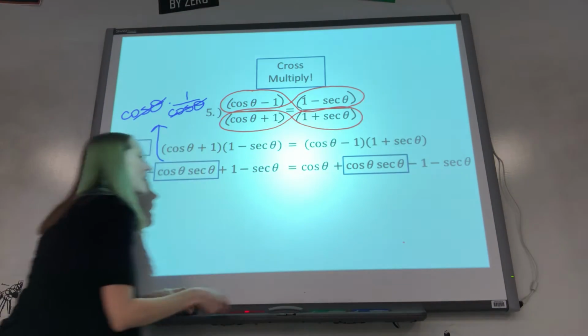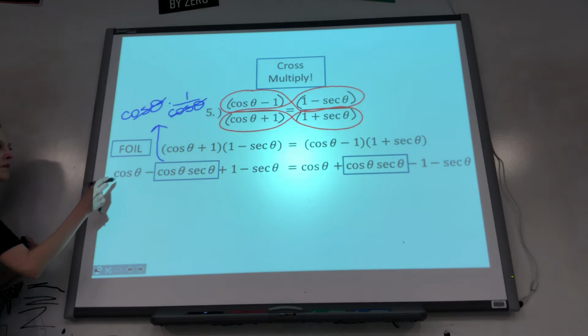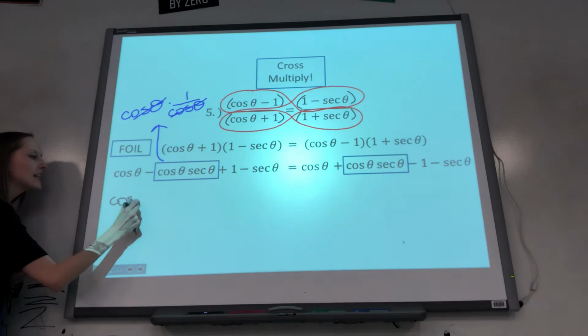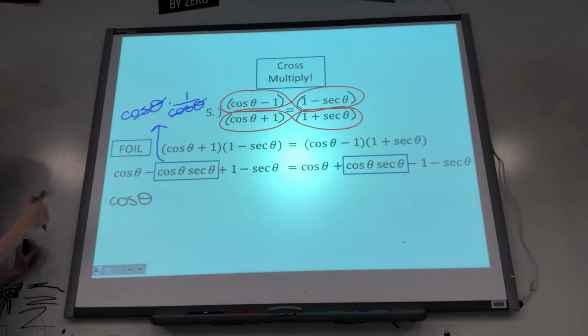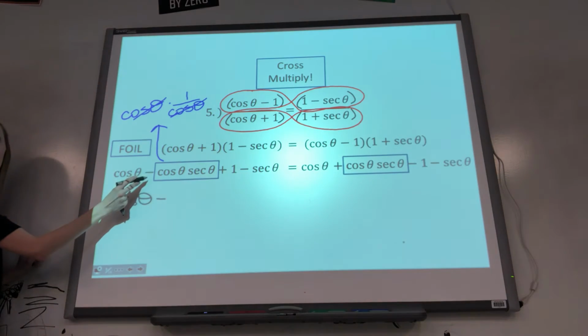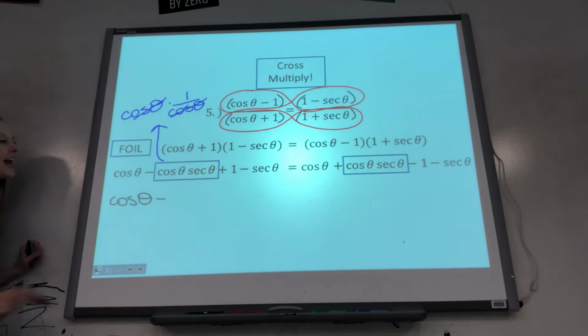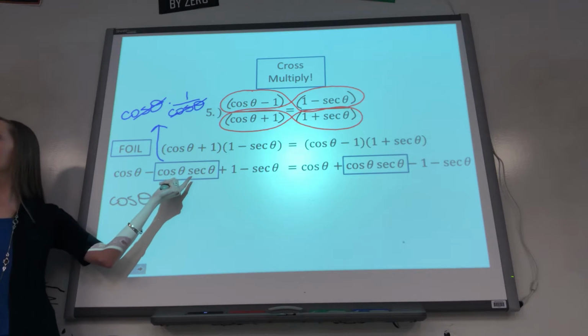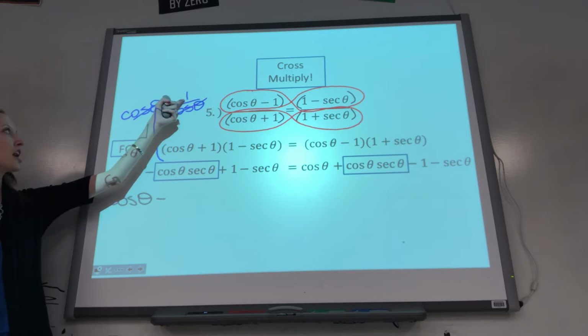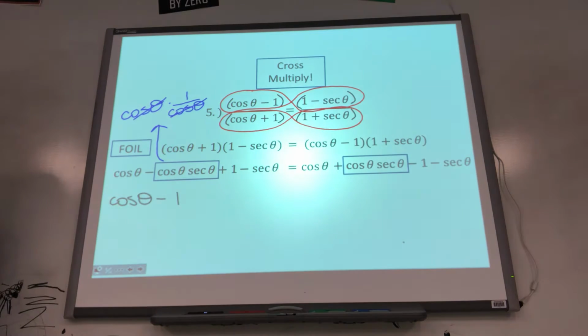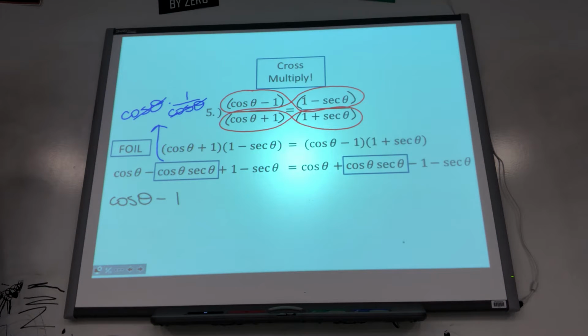So I'm going to go ahead and start to write some of this out. Let's leave cosine of theta up front. I'll leave the minus sign. And what I have right here in this blue box just turned into 1. If you take a function times its reciprocal, it should be 1.